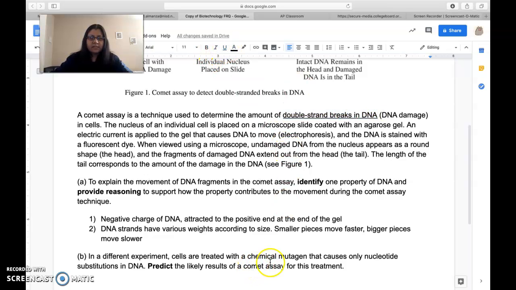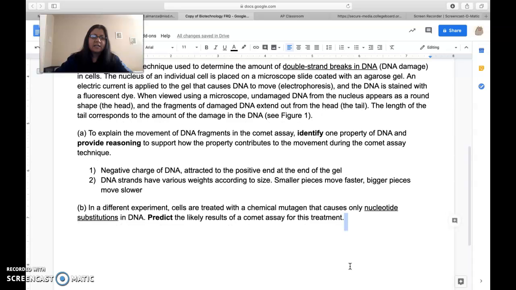So in this case, this mutagen causes nucleotide substitutions in DNA. What that means is that if you have, let's say, ATC, maybe you're going to have a GC. So it'll substitute a T for a G. That doesn't mean that you're going to have a break in your DNA. All it's doing is substituting those nucleotides.